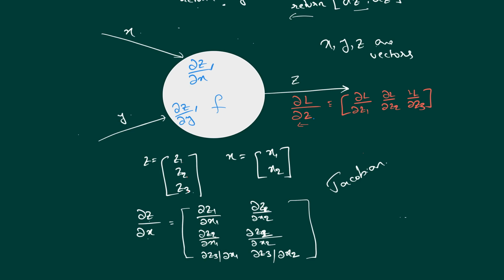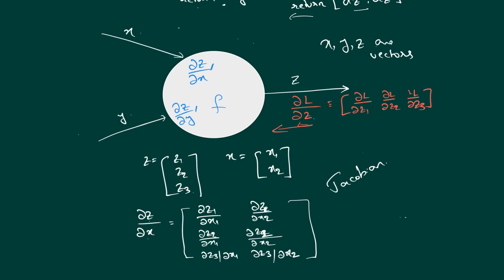Okay, so this is going to be flowing in on this side. Now, the chain rule for when we are looking at vectors and matrices, in general, is going to be as such.